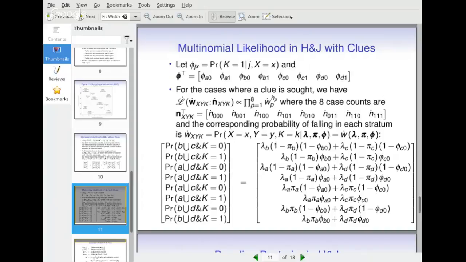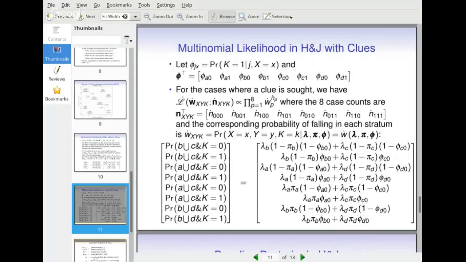And then we have a different W function, which is going to depend on lambda, on pi, and on phi for the situation where the clues are sought. So we have the probability that you are B or C and K equals 0. The K equals 0 applies regardless of whether you're B or C. So top left bucket and the clue value comes up 0.